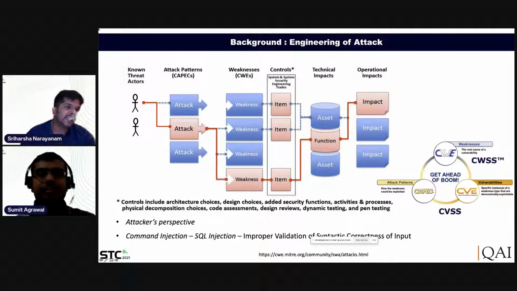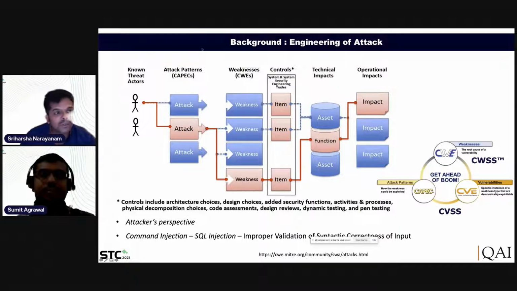So if you see here, first is known threat actors, the attackers, and then attack patterns. This is common attack pattern enumeration and capabilities. Then, each of the attack patterns is just a high level thing. Like, what is a pattern? Will he choose a command injection, or will he choose what kind of input exploitation will he choose?